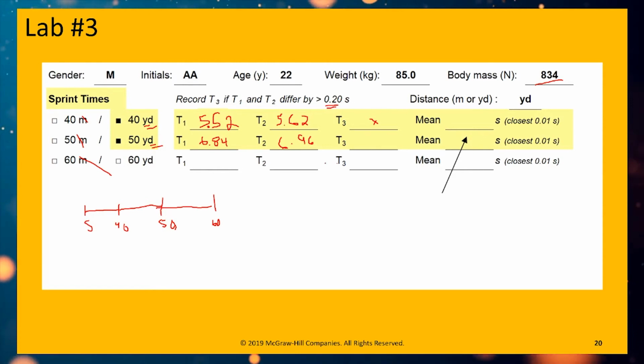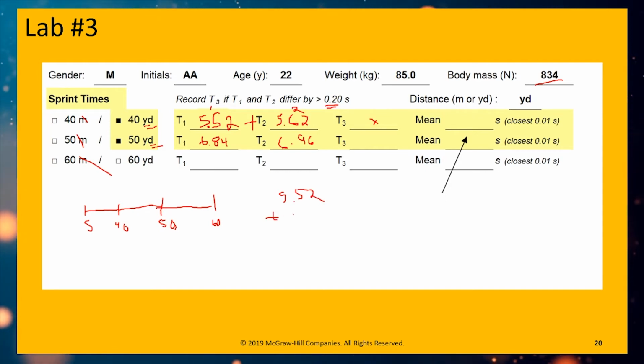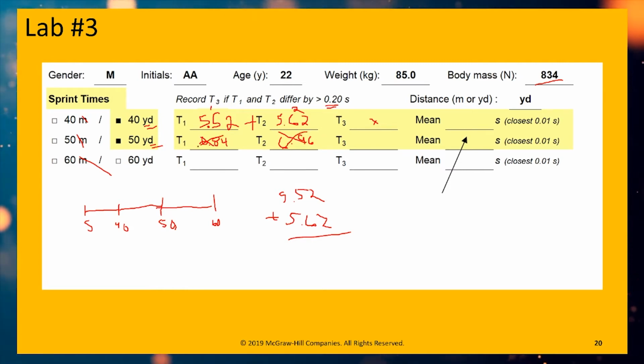To figure out our means, we are going to do a little bit of addition. We're working with 2 numbers, and that's going to be important with figuring out the mean. So we add up the 5.52 plus the 5.62, and then we divide by 2, or how many numbers we're working with. I don't know why I wrote the second numbers. I think I was trying to explain what we're doing on our homework this week, but for our example, I'm just going to do the first one.